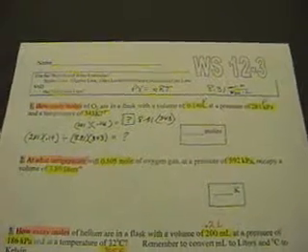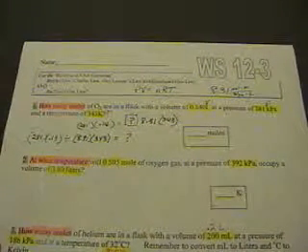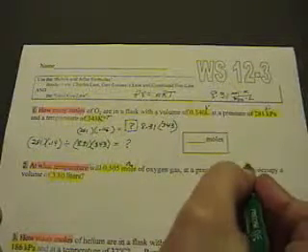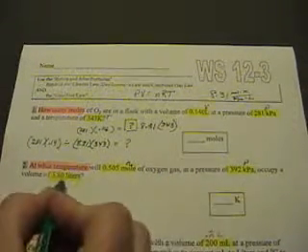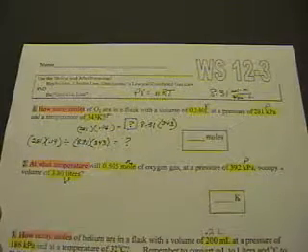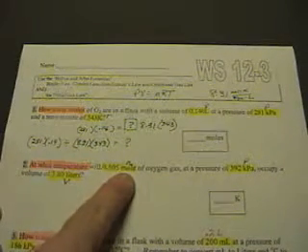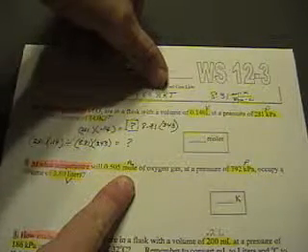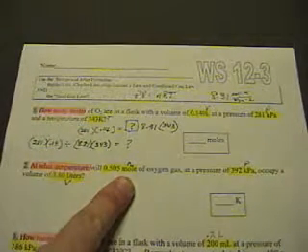Number 2. At what temperature? We've got moles, which is N, we've got kPa, which is pressure, we've got liters, which is volume. So anytime you see mole in there, you automatically think of the ideal gas law, because N stands for mole.